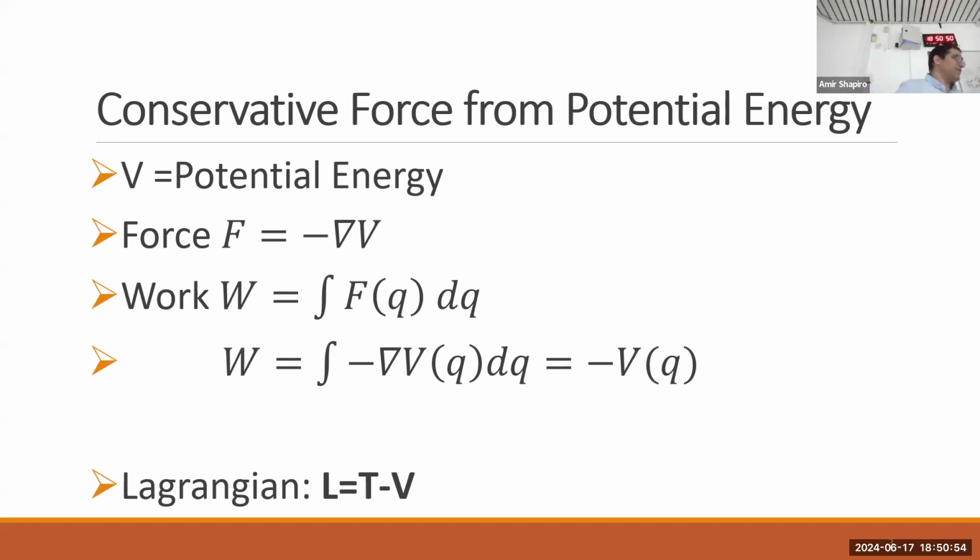The potential energy, then the force will be the gradient. h is the distance, then the gradient with respect to h is mg, and it's minus because it's down. And the potential energy is mgh upward.